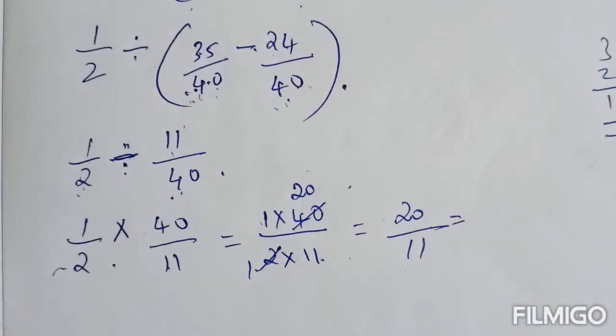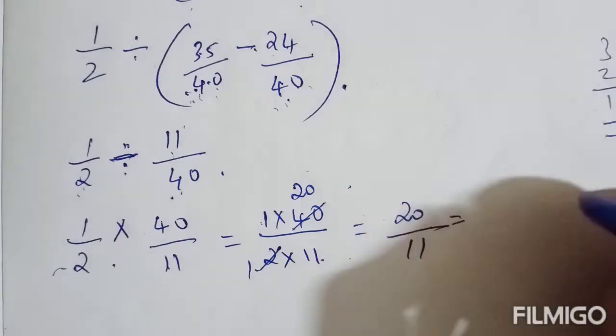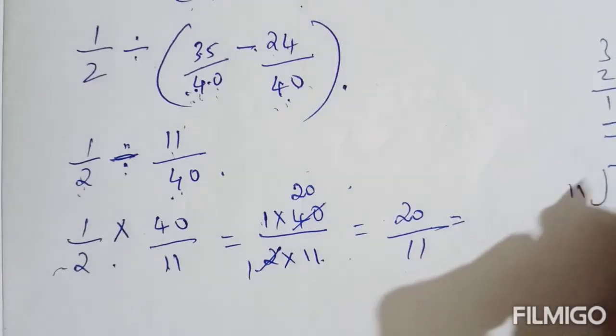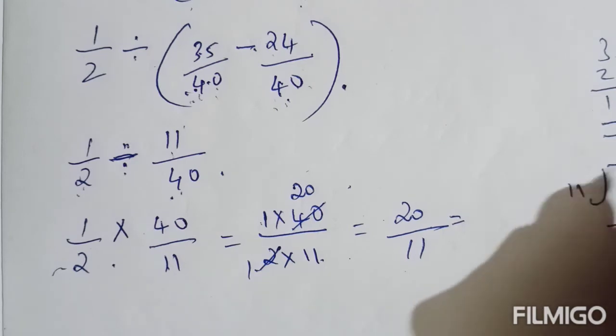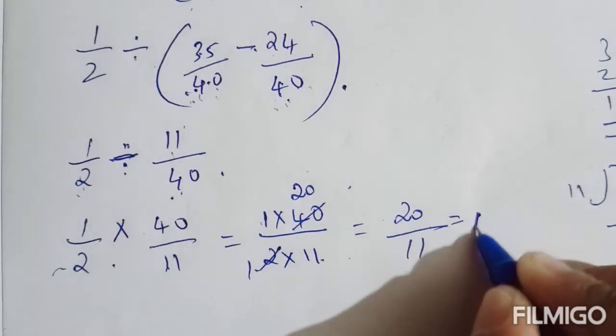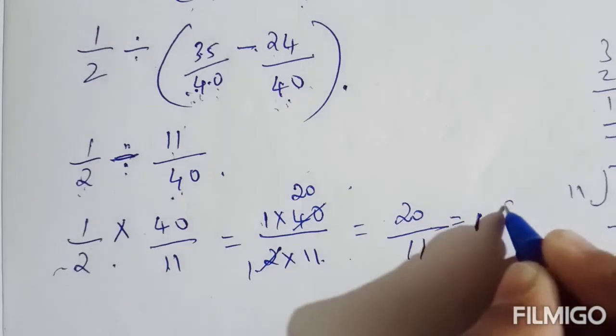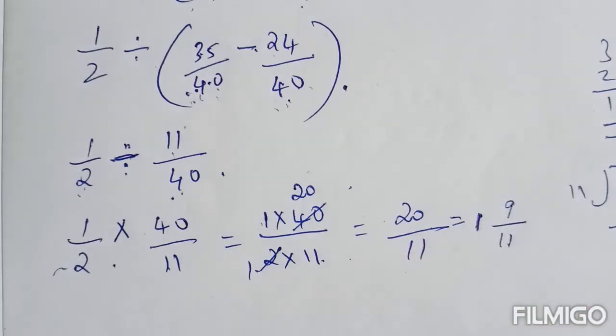If your answer is an improper fraction, you can convert that to a mixed fraction. So 20 on dividing by 11, you will get 1 as quotient, 9 by 11. Remainder by divisor, it is 9 by 11. So this will be the answer.